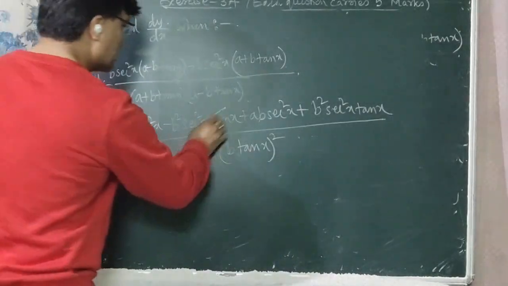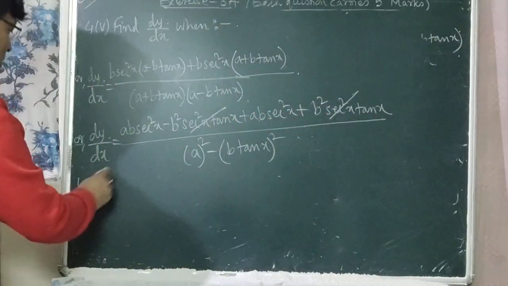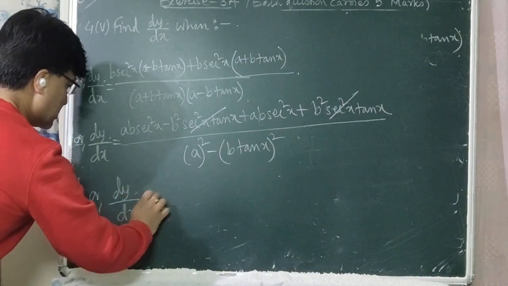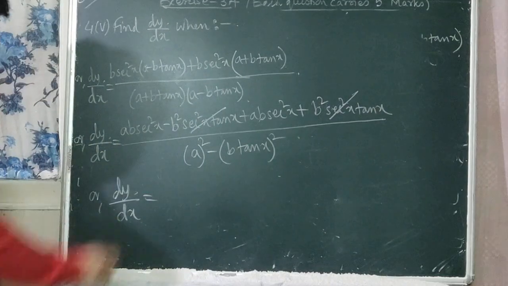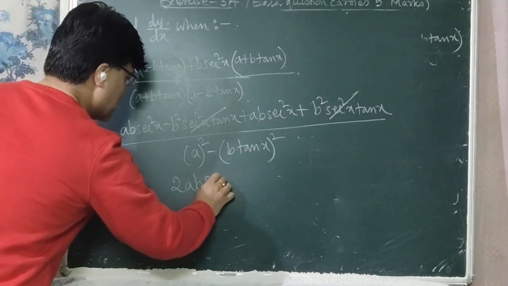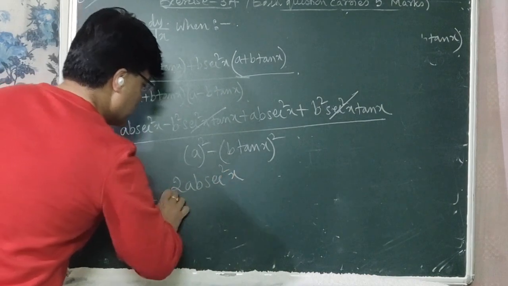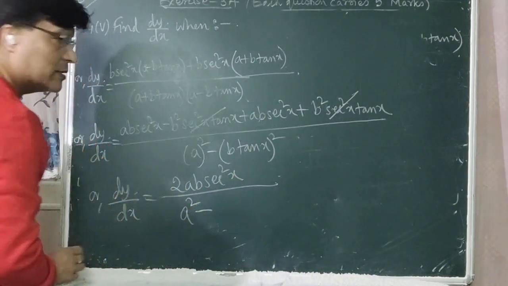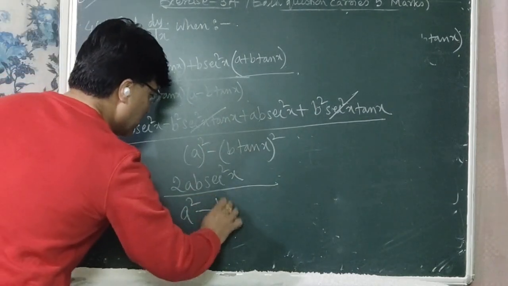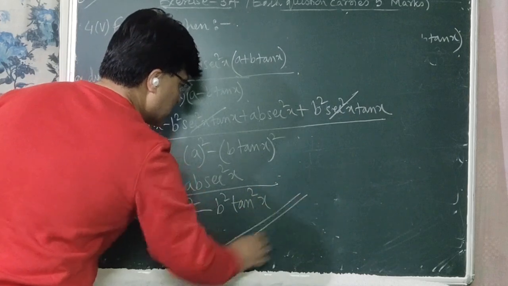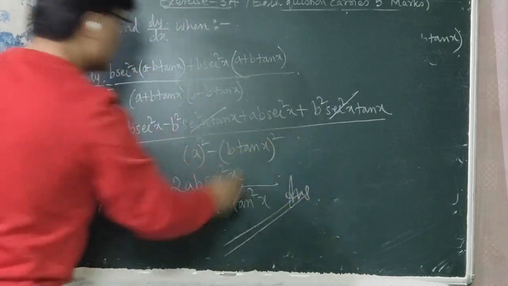So here you can cancel these two terms, or dy by dx is equal to, you can add those two terms, same sign can be added, that is 2ab sec square x, this whole divided by, what is a whole square? A square minus, what is b tan x whole square? It is b square tan square x. So this is the final answer.